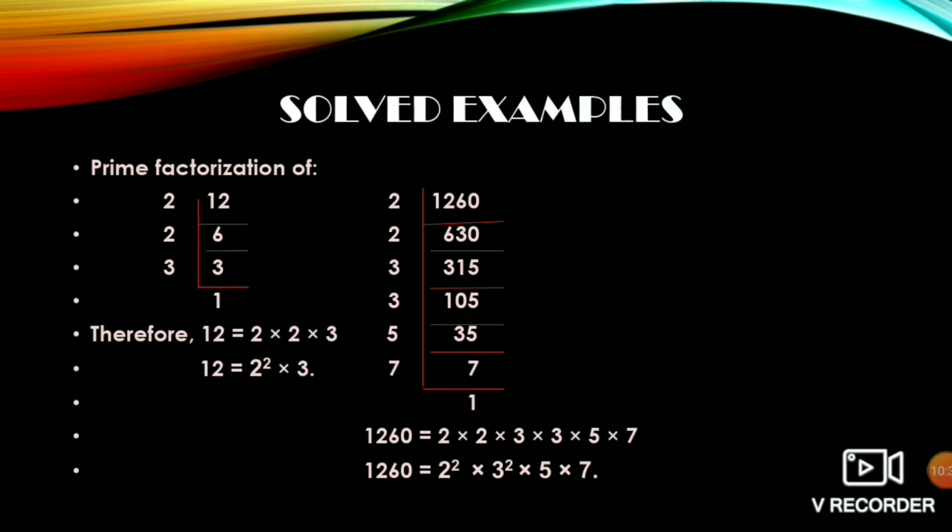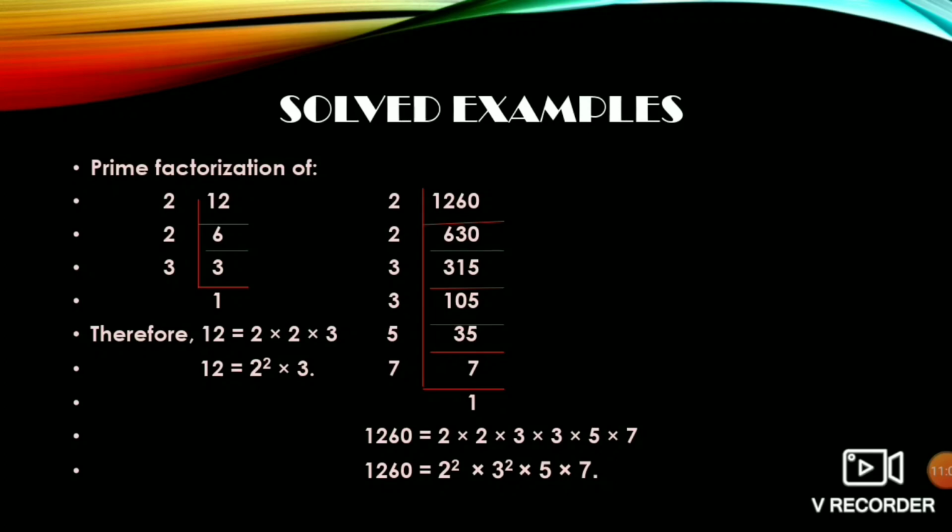So we take the next prime number, that is 3. 3 exactly divides number 3, giving quotient 1. So now we have the factors of number 12 and it can be expressed as 2 into 2 into 3, which can also be expressed as 2 raised to the power 2 multiplied by 3. This means 2 and 3 are the prime factors of 12.